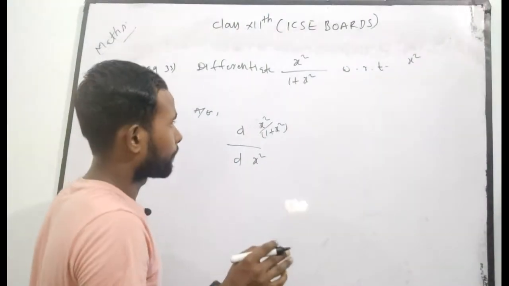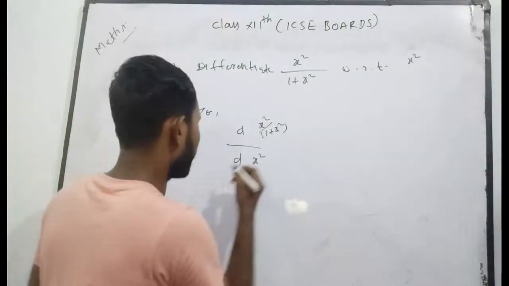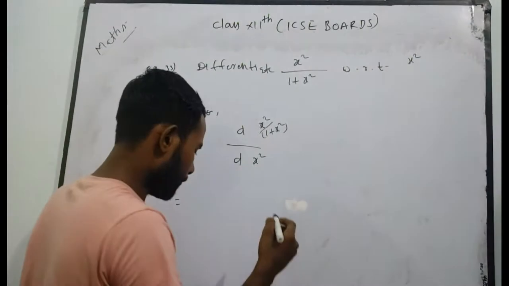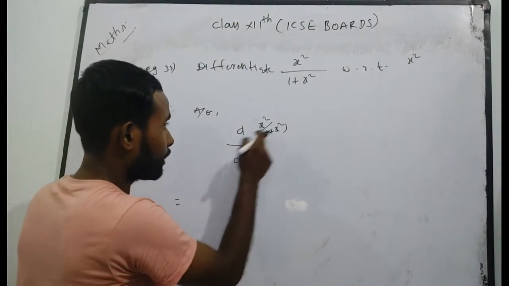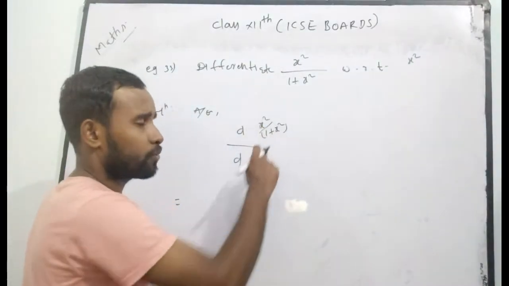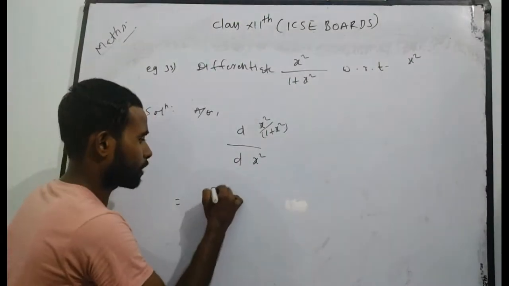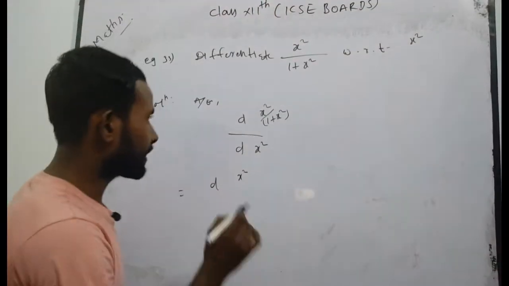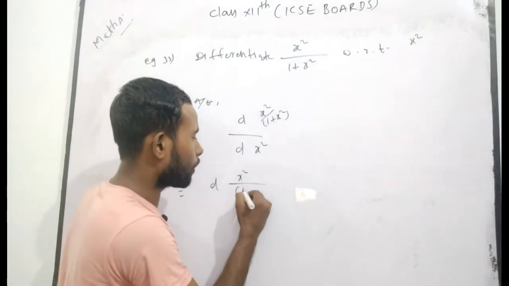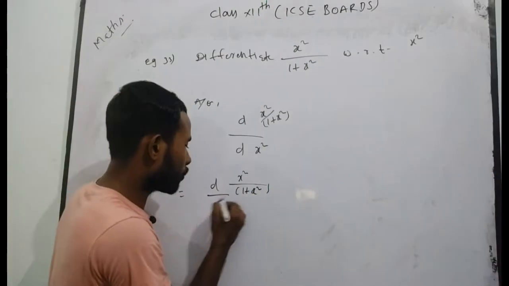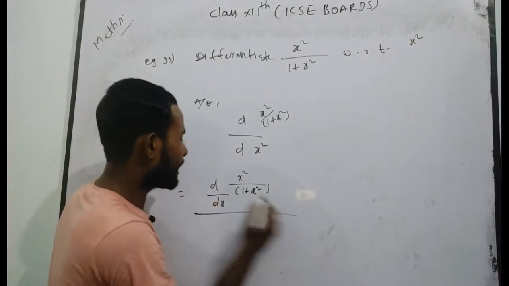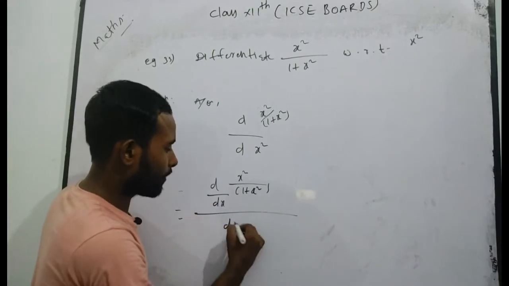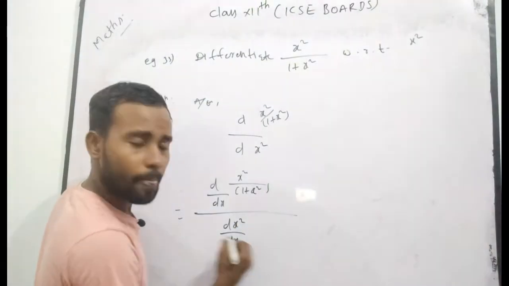See here. Firstly, as you know, this function is differentiated with respect to x, so differentiate with respect to x. Firstly differentiate x square upon 1 plus x square with respect to x. Again, you will write here derivative of x square with respect to x.